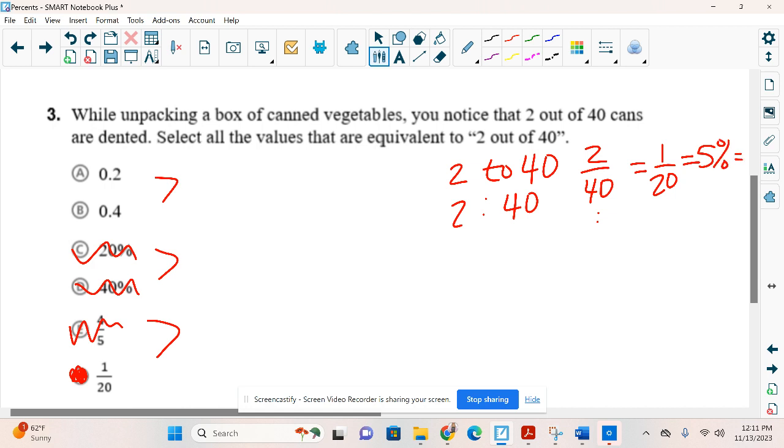What is 2/40 as a decimal? How can we figure that out? What do we do to make that a decimal? You just type it in and you click the little arrows and hit enter, and what do you get?